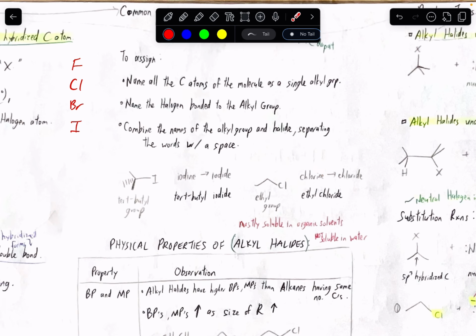And since we have two carbons in the parent chain, this is an ethyl.